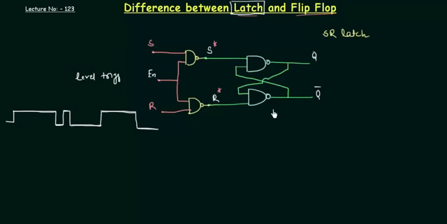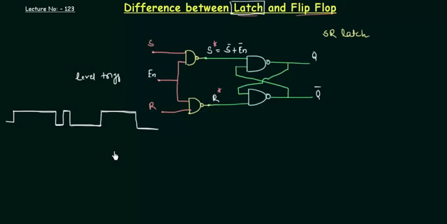Now what happens in the case of flip-flops? But before actually going to the flip-flops, let me first explain why this circuit is operational when the enable is high. It's very simple. If I write the value for S star, then it will be the complement of S and En.